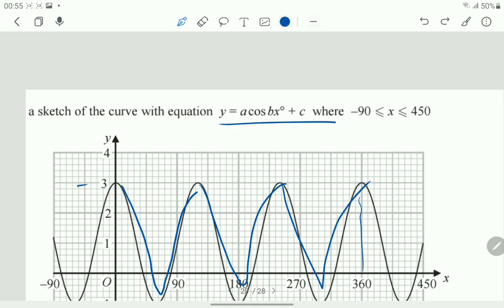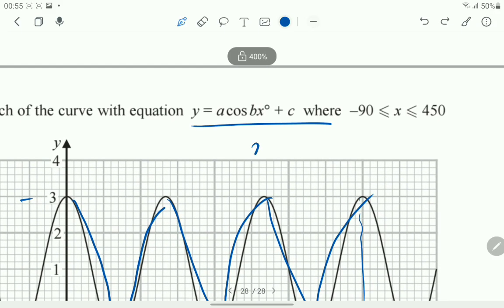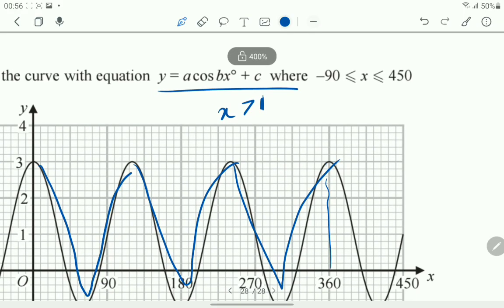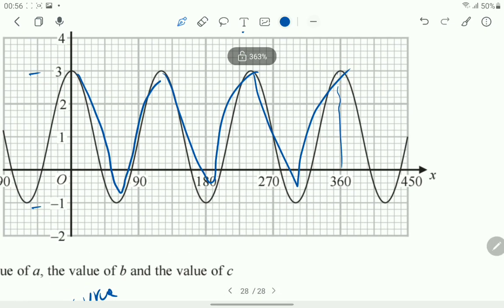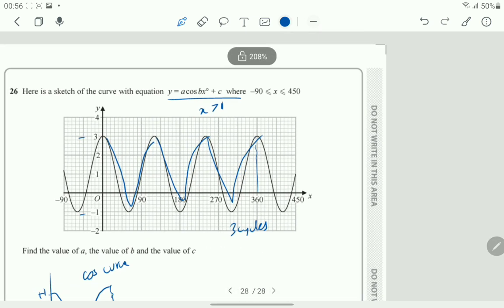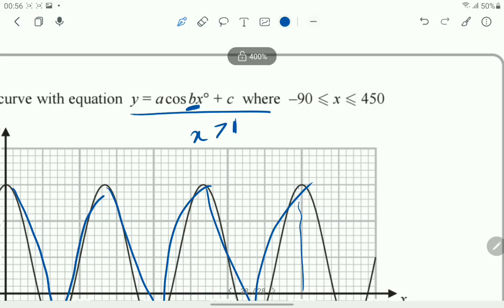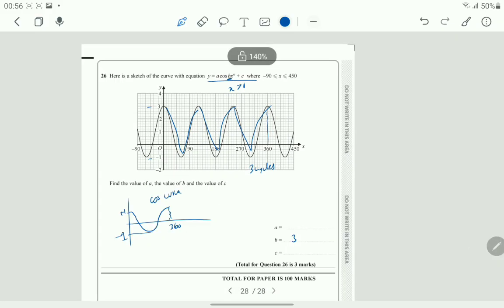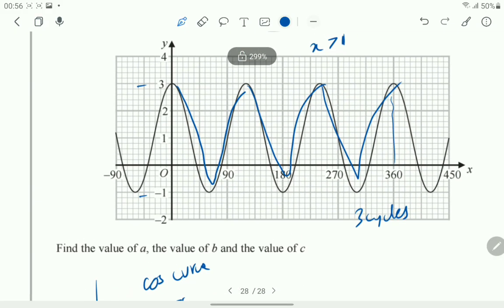So this is a squeeze, and when this is a squeeze, the value of b is usually greater than 1. It's a whole number, and since instead of 1 cycle being completed, we see that there are 3 cycles being completed, the value of b is 3, since b is getting multiplied with x, and so every x value is getting squeezed inside this cos curve.